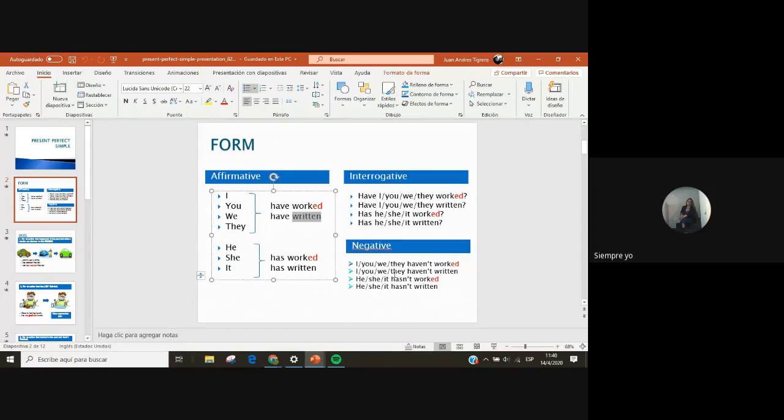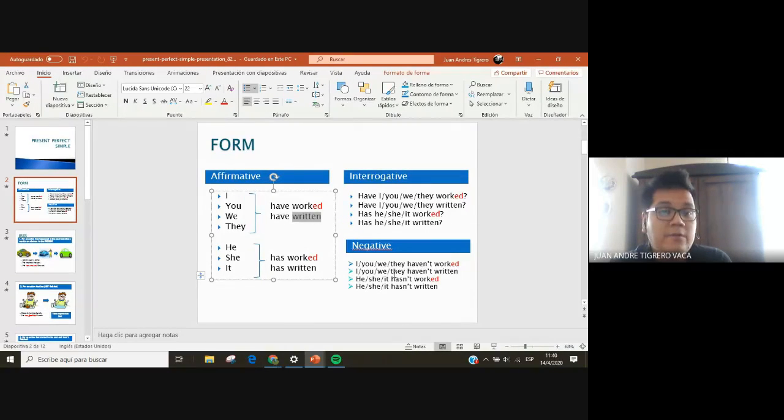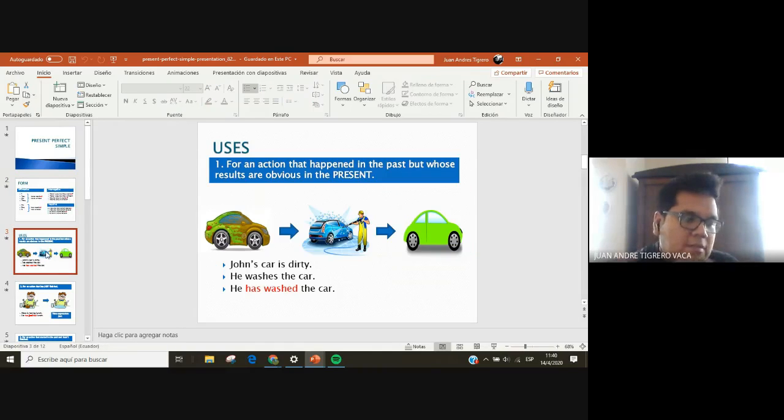Actually, you talk in past because the present perfect is about something that happened sometime in the past. You are not given a specific time, and you are not sure if that action will continue in the present. But remember this, or something that is obvious in the present. Take a look at this.